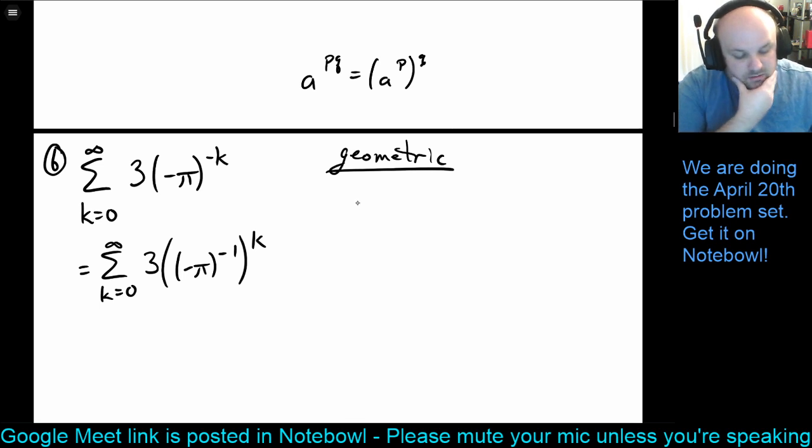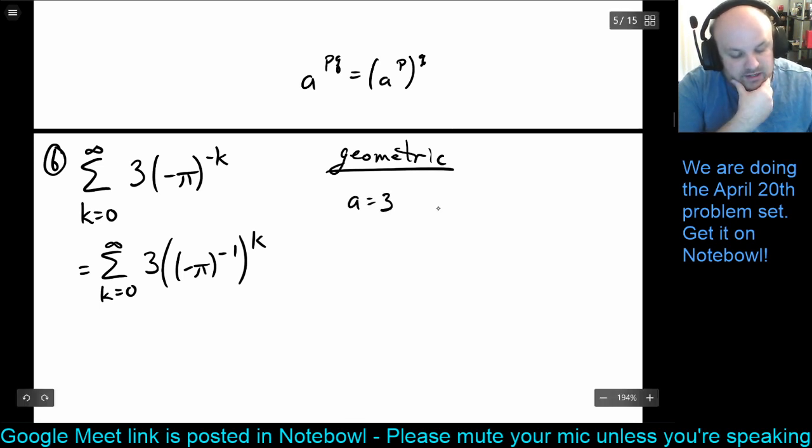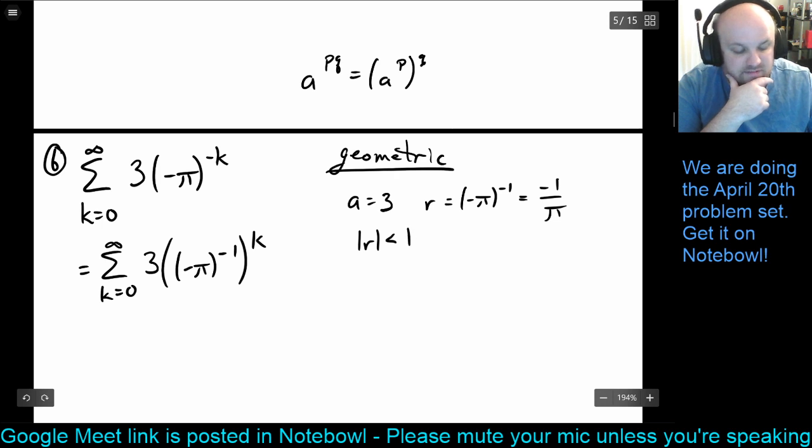So here, a is 3, r is negative pi to the minus 1, which we could write as minus 1 over pi. And so absolute value of r is in fact less than 1, so this converges.